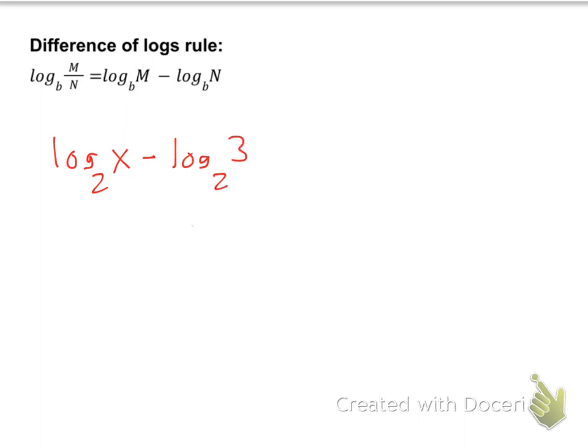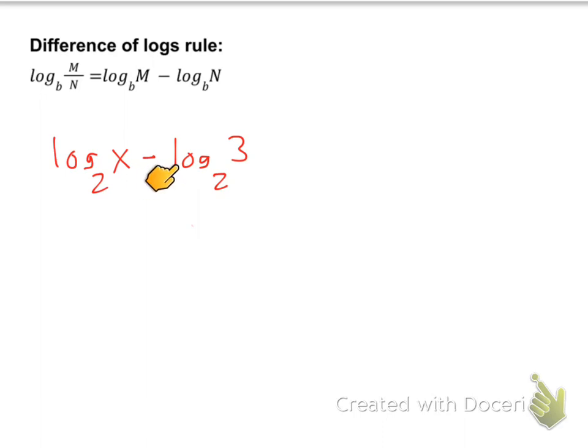If I see this, this is where I think the double-decker bus comes into play, because we have a couple of options here. Using the analogy of the double-decker bus, I'm hoping you would see that the log base 2 of x here has a positive 1 in front. That's a positive 1, and we don't actually say 1, but it's a positive 1.